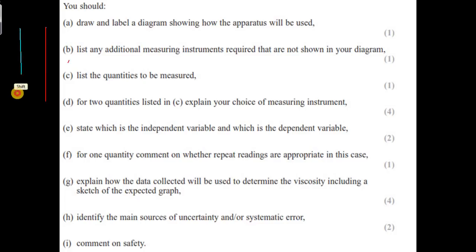So you can draw this type of diagram, something like this. This is a cylinder filled with some fluid of known density, and then you have a sphere falling down. You can take two markings like this, and then you put light gates here.